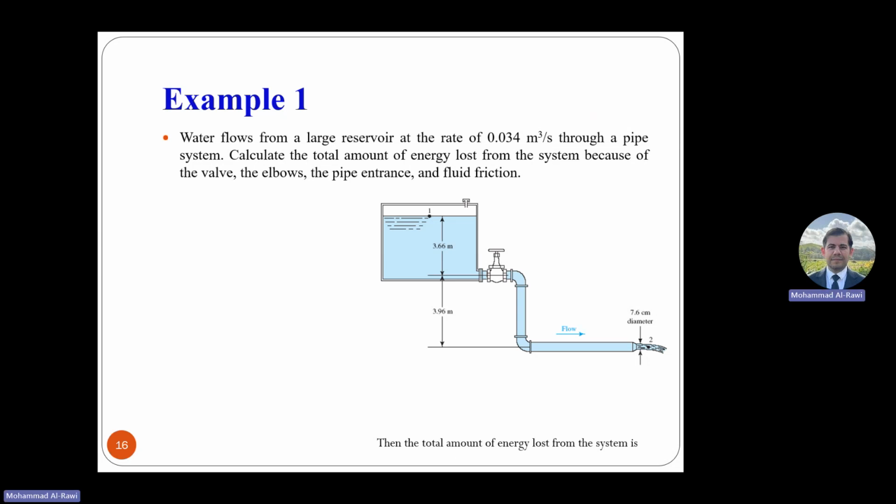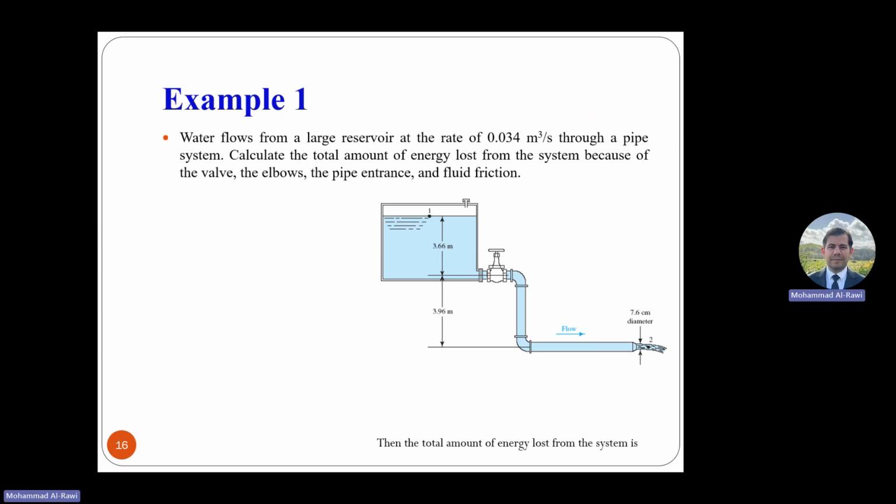If we look at this example carefully, we have a valve, elbow 1, elbow 2, and the following length of the pipes, 3.96, and this one is the elevation. You could take the length of the pipe into account, or you may not, depending on the information given to us.